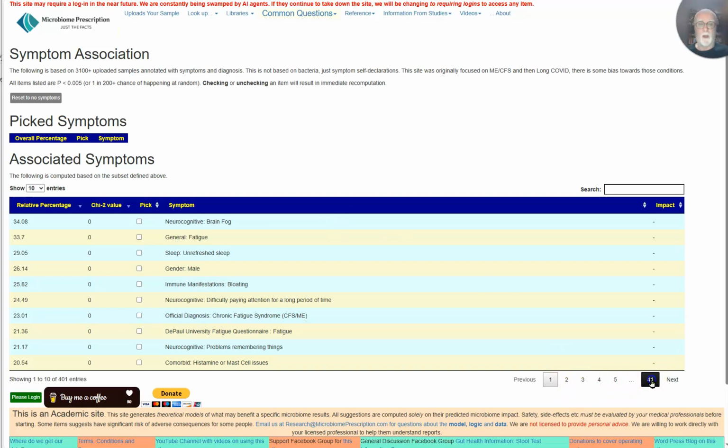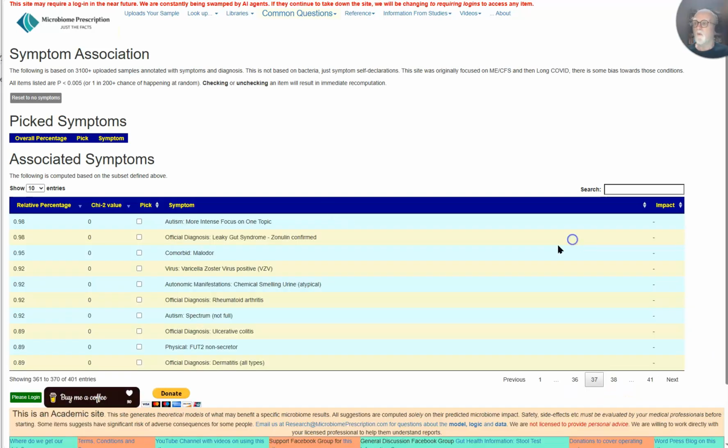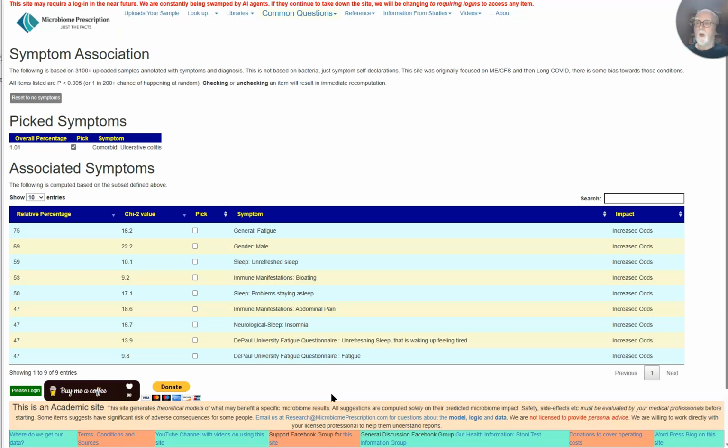And we could take a look at, let's say, very rare things. Let's look at somebody with UC. And what we find is we actually have increased odds that it's a male who has it.